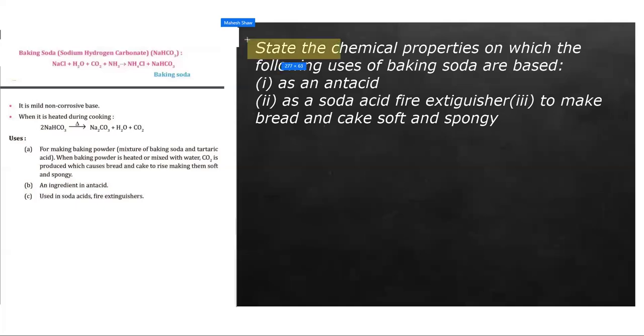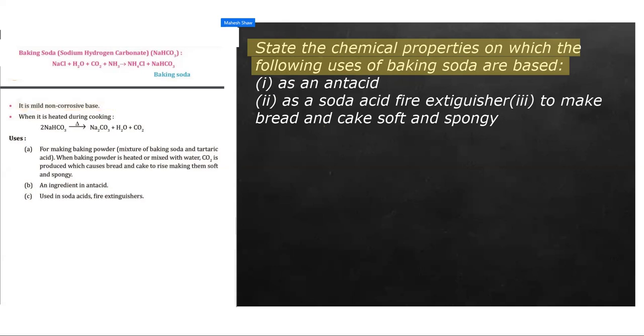And in the next question, it says state the chemical properties on which the following uses of baking soda are based. The first, as an antacid. Now we should know that baking soda is a mild base and it is non-corrosive.